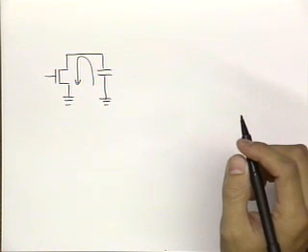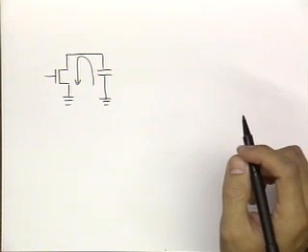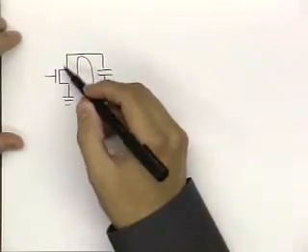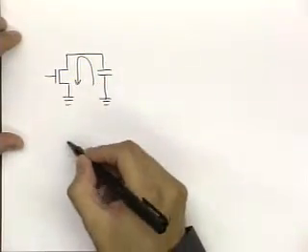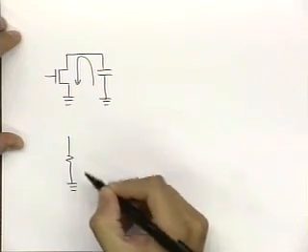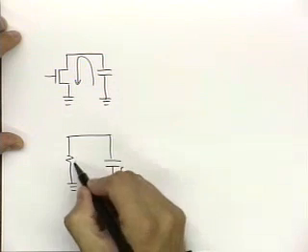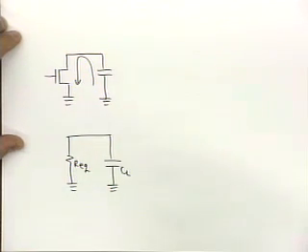So one way to do that is to model your transistor as an equivalent resistance. So you have load, and then you have your resistance.